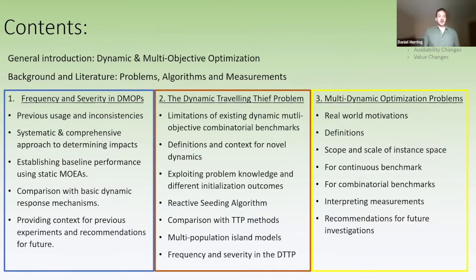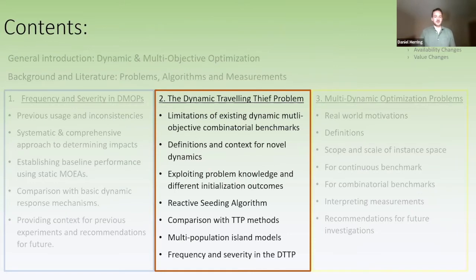Okay, so now we'll move on to the dynamic traveling thief problem. The proposal of the dynamics here provides us with a useful testing platform for multi-objective optimization in a combinatorial domain with dynamics. I'll explain how it's possible to observe and then exploit the varying contributions of different initialization strategies for this problem in order to provide a response mechanism to the proposed dynamic changes.